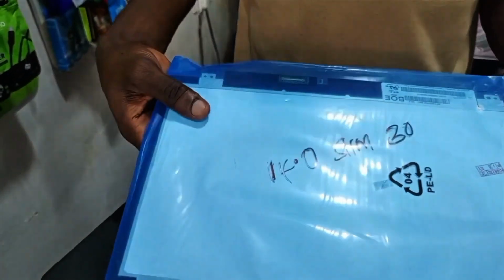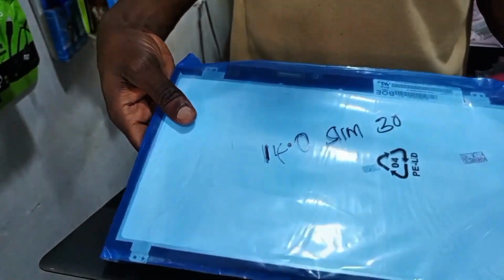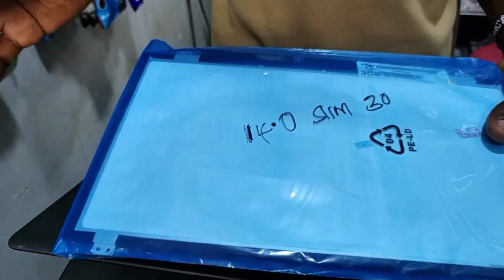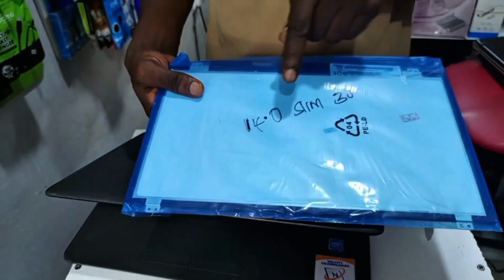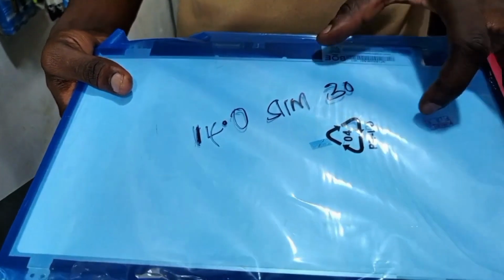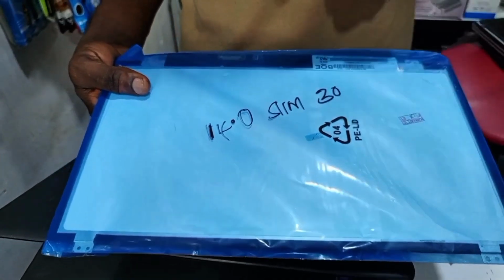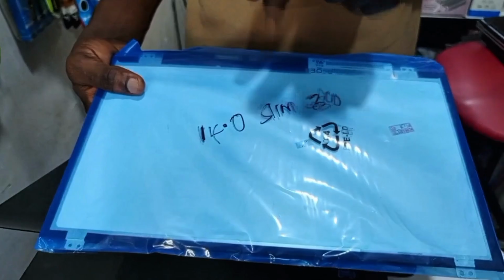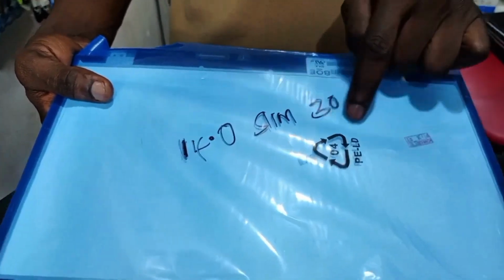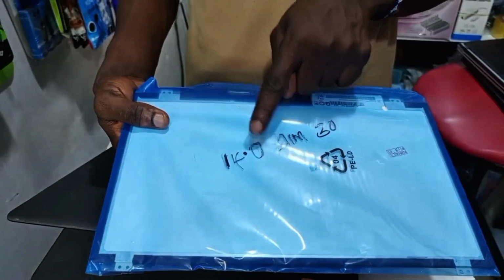From this, for easy identification of the screens, because we have so many in store, this is written 14.0 slim 30. So that's how you make an order for screen, even while ordering from online shops. So you look at the size, the thickness, and the number of pins at this point. So this is 14.0 slim 30 screen.